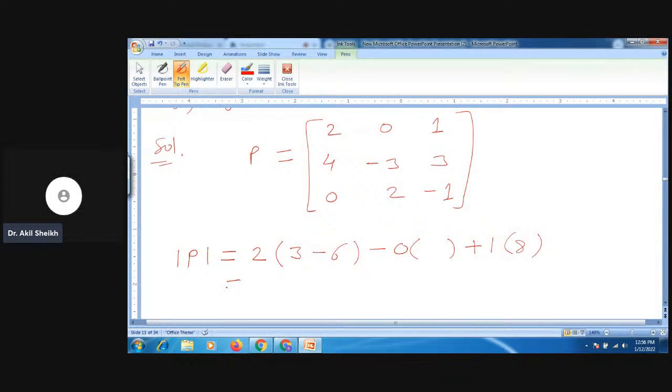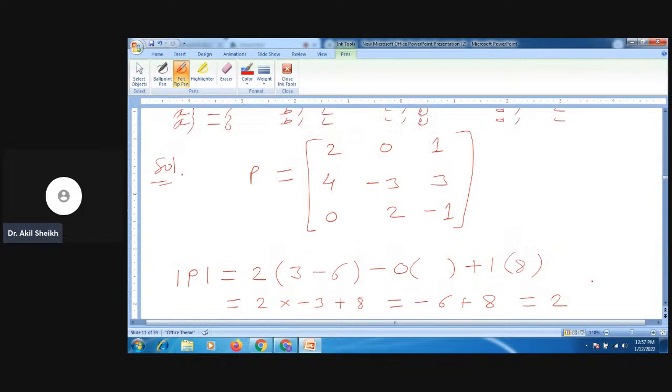So it becomes 2 into 3 minus 6, it is -3 plus 8. We will get here 2. So 2, nothing but option B is the correct option.